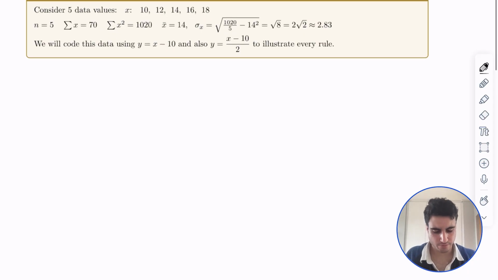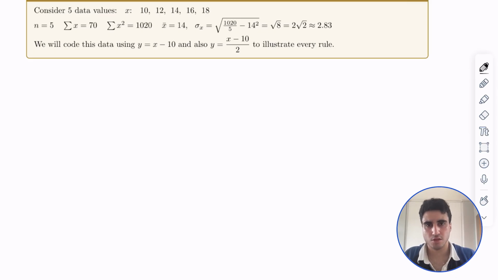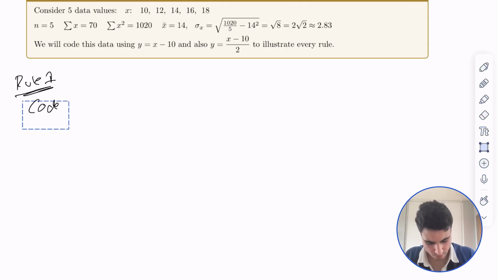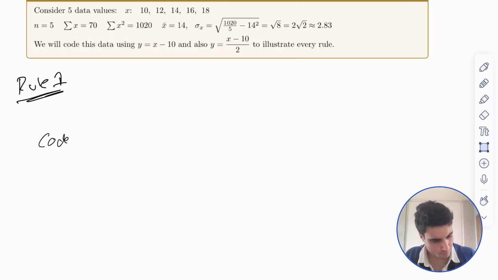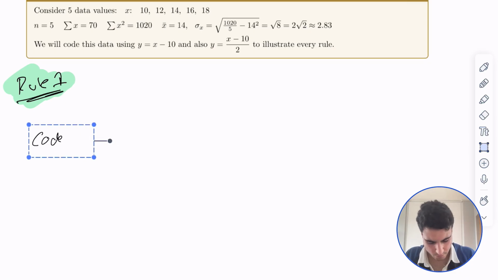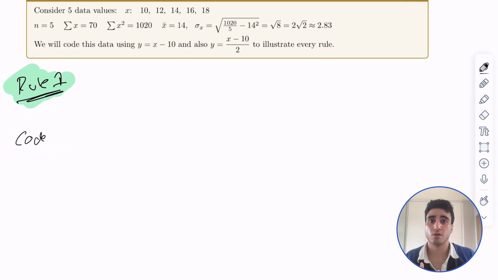So let's say in this example that we're going to code rule 1 with y is equal to x minus 10.